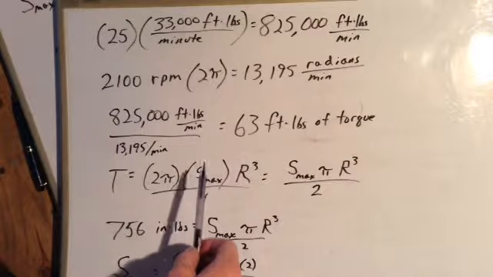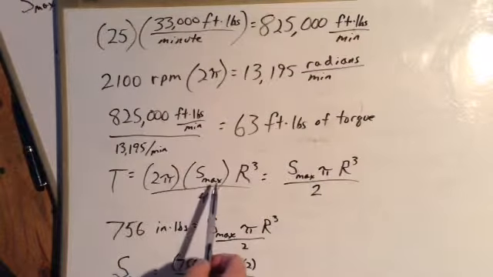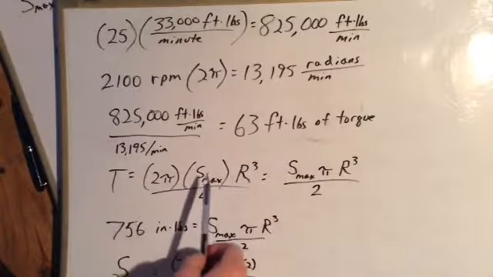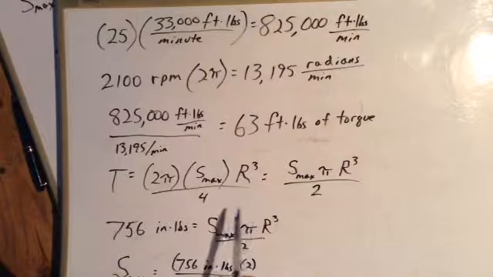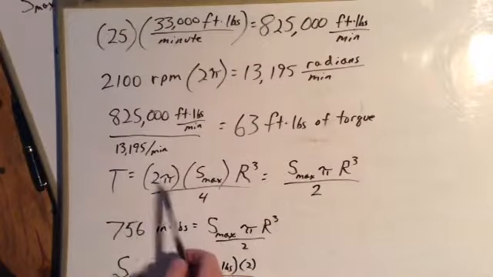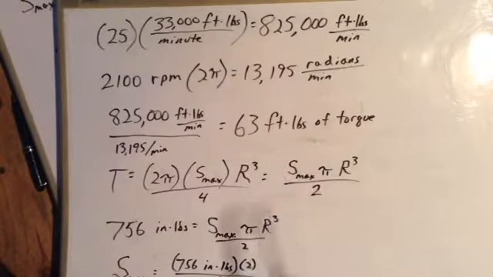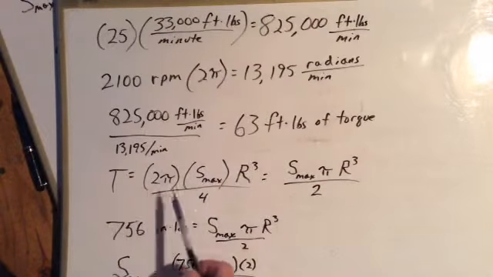That was from our integral calculus lesson. You can see that formula again also in calculus part 9. 2 divided by 4 is the same as 1 divided by 2, so this equation is the same as this one.